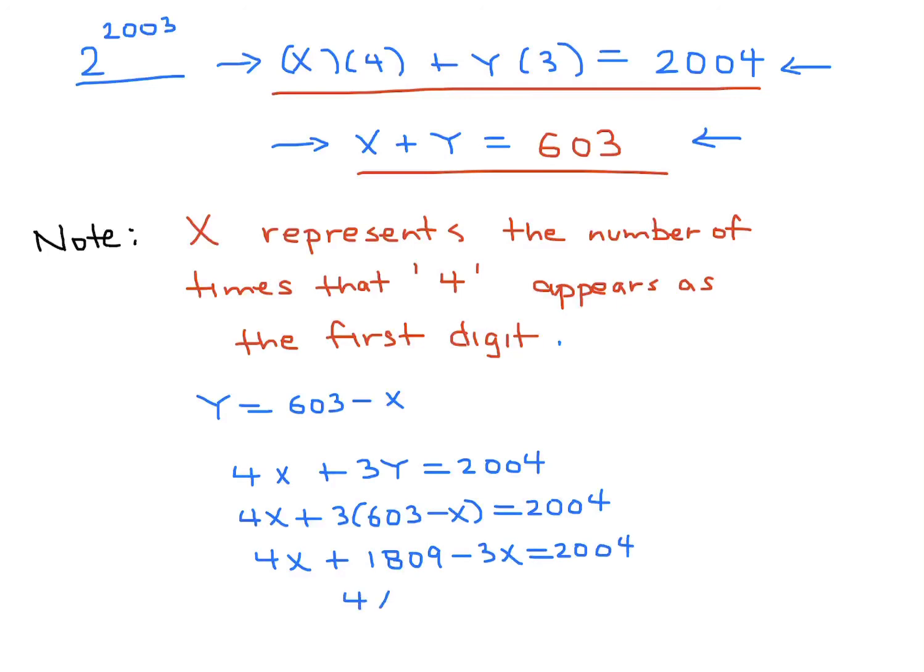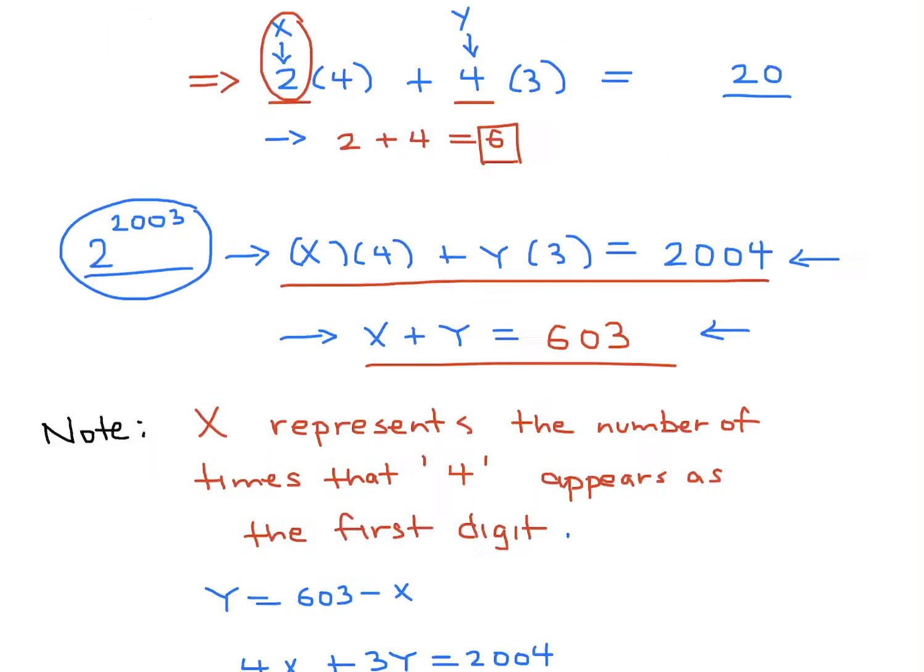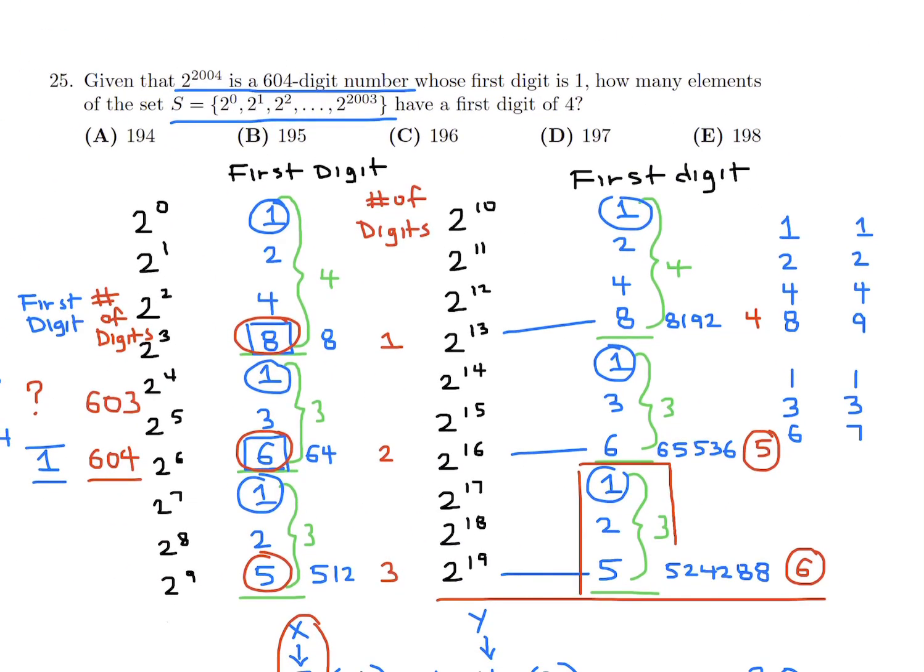So x is 2004 minus 1809, which is equal to 195. There you have it. Since x represents the number of times that 4 appears as the first digit, 4 appears as the first digit 195 times for the set that goes all the way up to 2 to the power of 2003. And therefore, number 25, the answer is B.